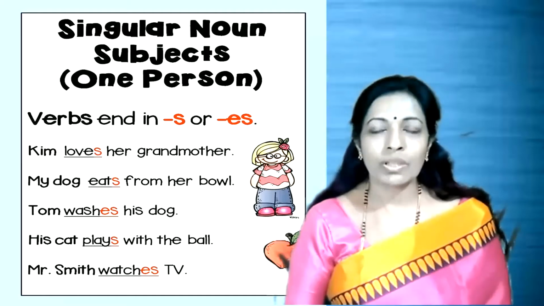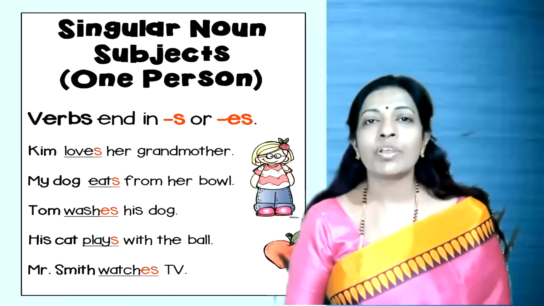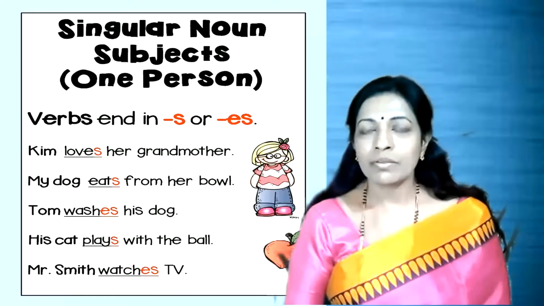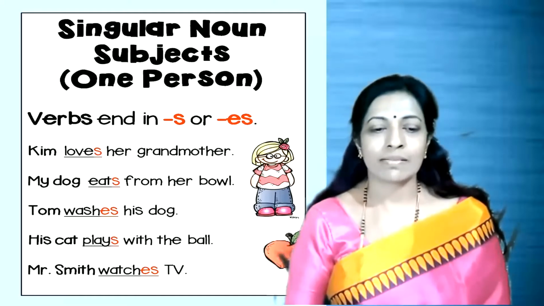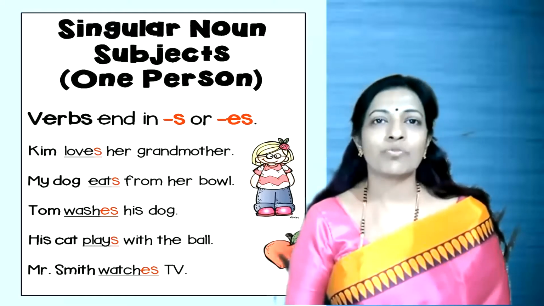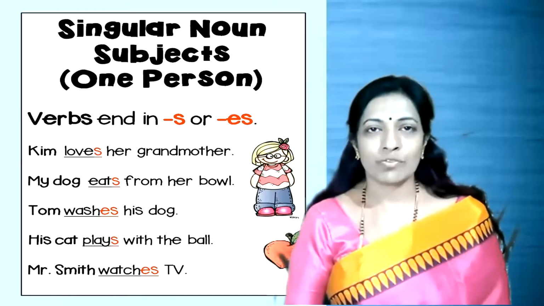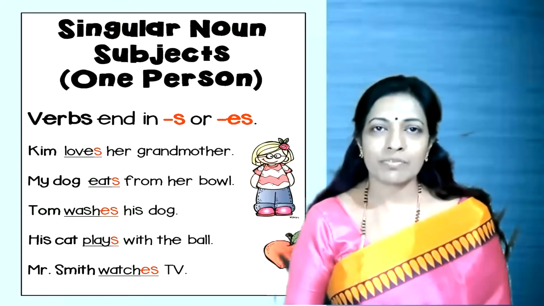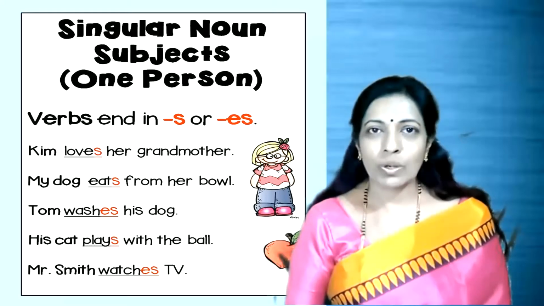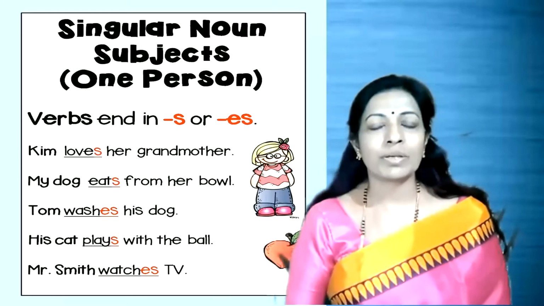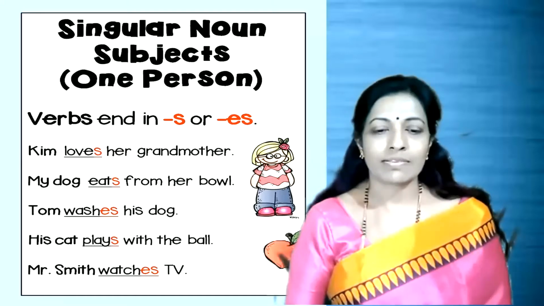It is a singular noun and therefore we find that the verb ends with S. Mr. Smith watches TV. Again, the verb is watches. The subject is Mr. Smith. It is a singular noun and so the verb ends with ES.